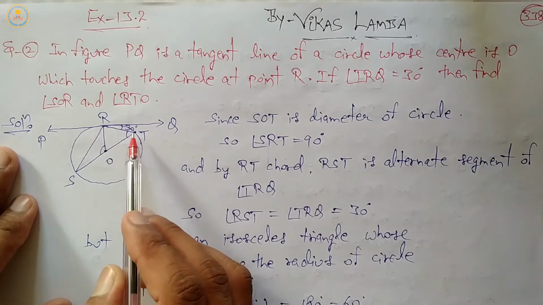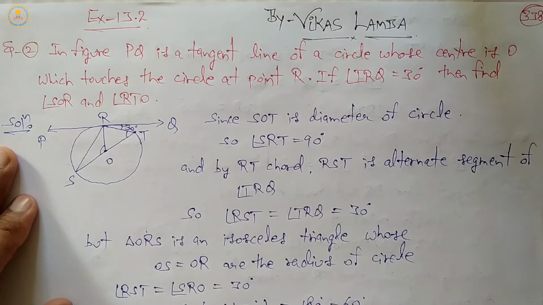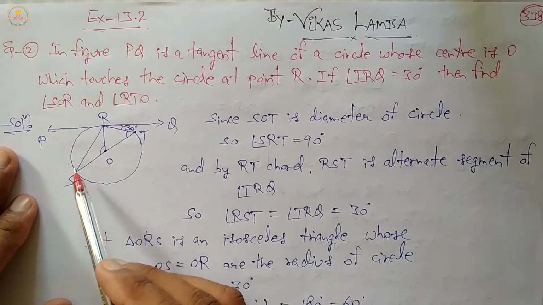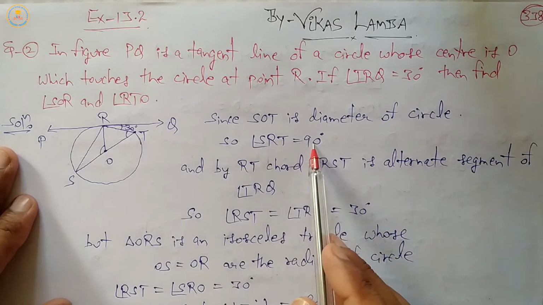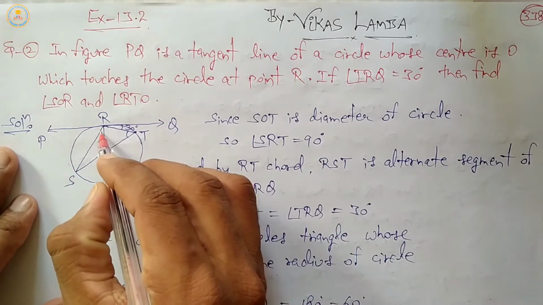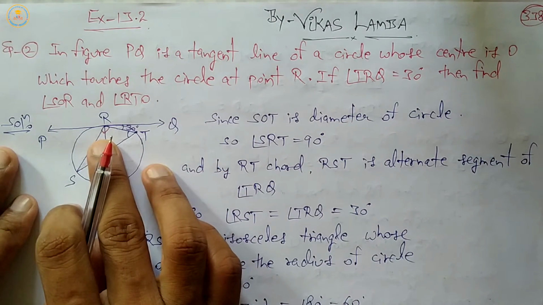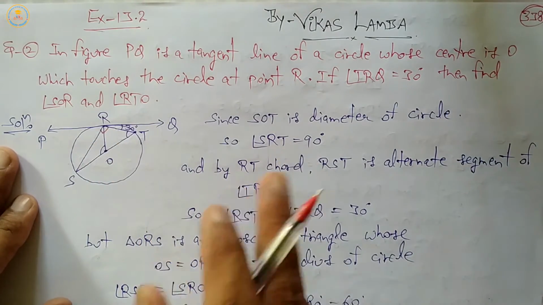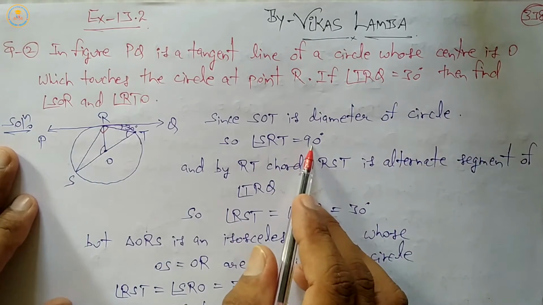Angle TRQ is given as 30 degrees. Since SOT is a diameter of the circle, angle SRT equals 90 degrees, because the angle made in a semicircle is 90 degrees.